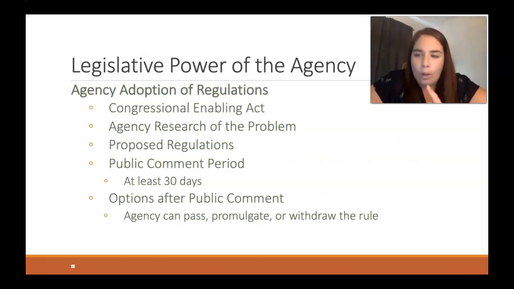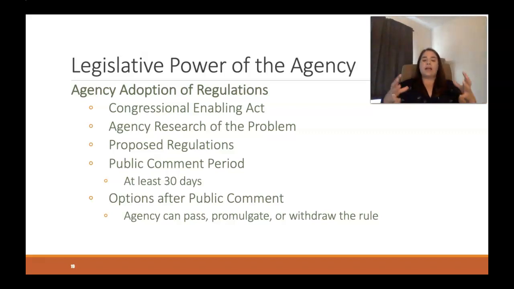Now, how, you might ask, does an administrative agency adopt a regulation? Well, it is a multi-step, multi-year, typically, process. So first, Congress identifies an area where regulations need to exist. So, for example, creation of the Environmental Protection Agency, that happened through a Congressional Enabling Act.